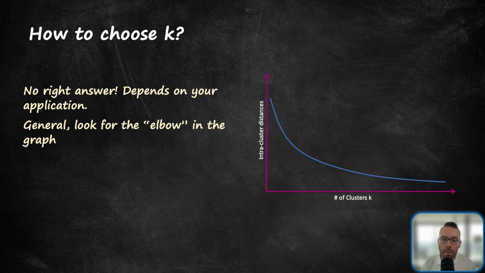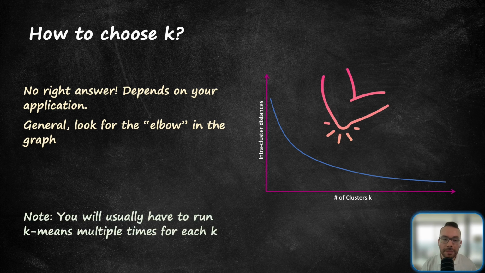But there's going to be a point where these differences kind of saturate and you're not getting much improvement for an increment in the value of k. This is a technique called the elbow method. When you run k-means multiple times, you will find a sweet spot where the distances are saturating, and you're going to pick that as probably the most suitable value of k for your data.